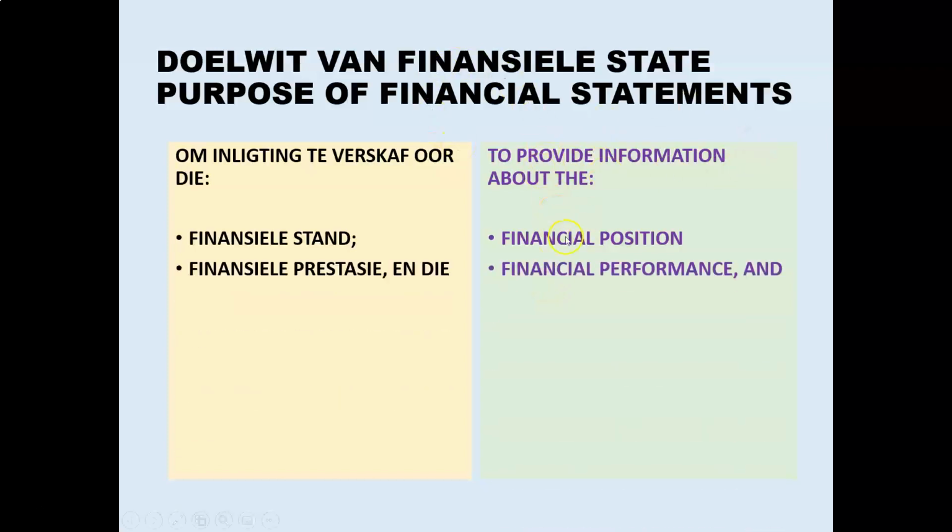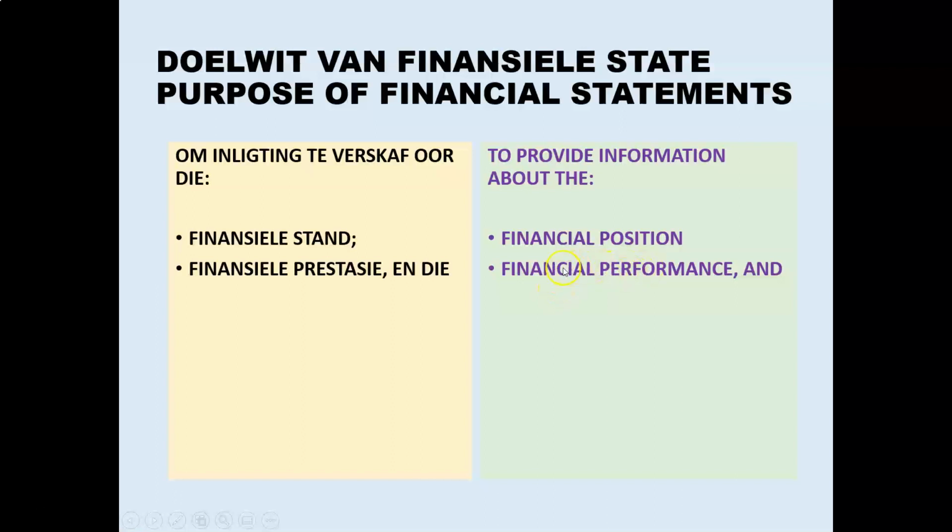The second type of information that a set of financial statements provides is the financial performance of the entity for the full financial period, which is normally 1 year, 12 months. So in the statement of profit or loss and other comprehensive income, we are going to measure the net profit of the entity. If it is a company, it will be net profit after tax.